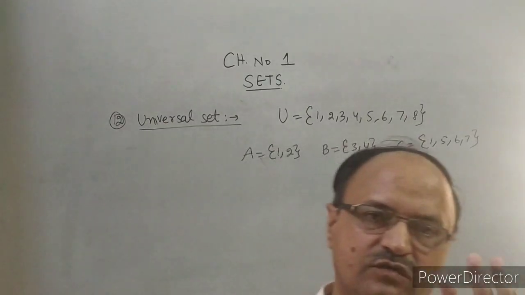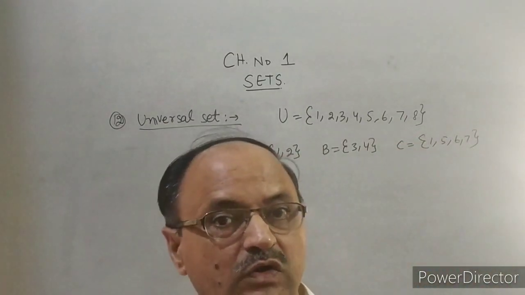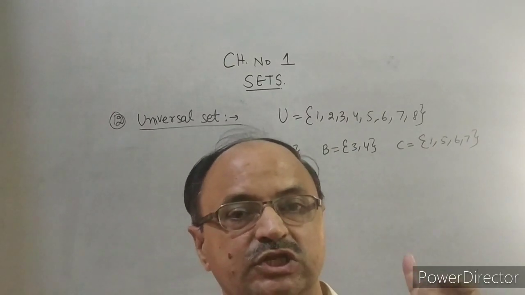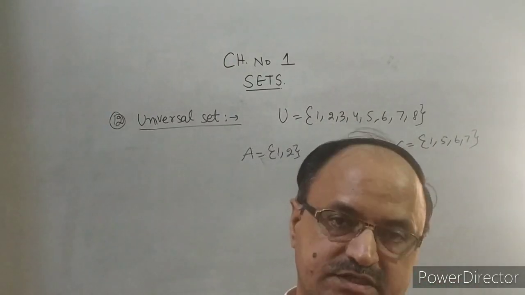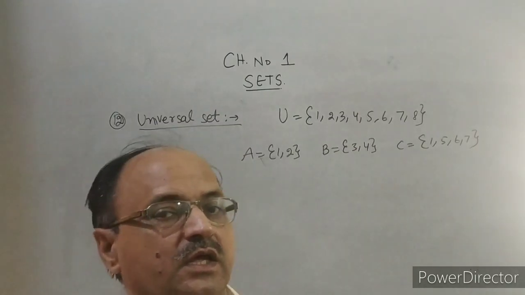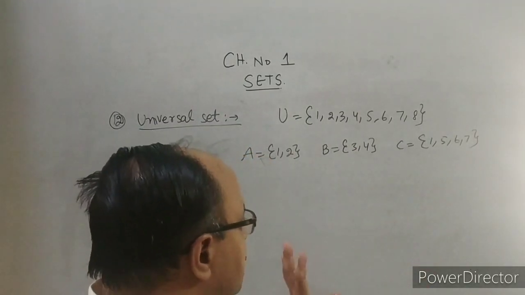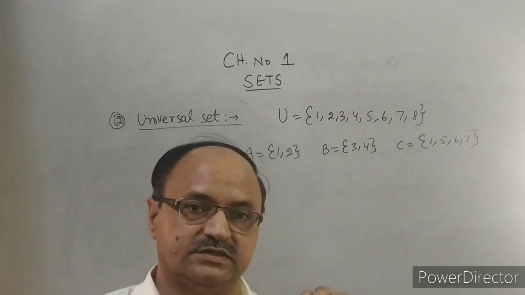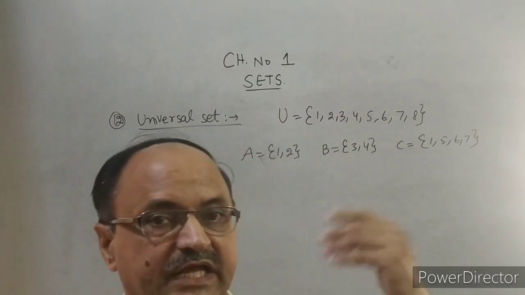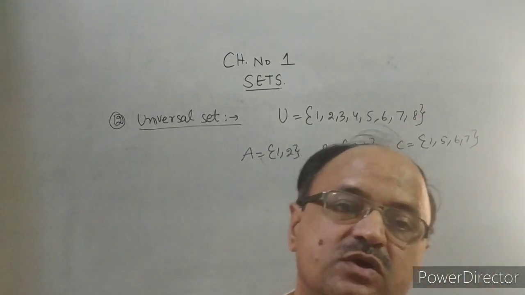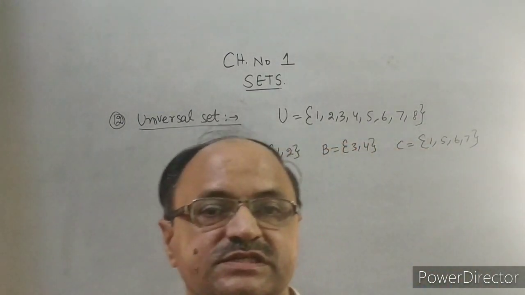If there are 3 sets or 4 sets or 5 sets, and all the elements of all the sets are contained in U, then U is called the universal set. Again, suppose you have sets A, B, C, D, E, F, G, H. If all the elements of these sets are contained in set U, then U is called the universal set.